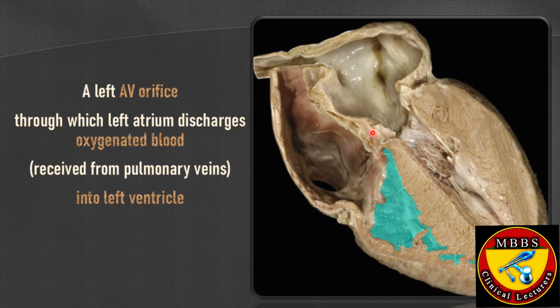There is an opening for the arch of aorta, that is the aortic valve, and then it leaves the left side of the heart. The left atrium receives blood from the pulmonary veins, two paired pulmonary veins.